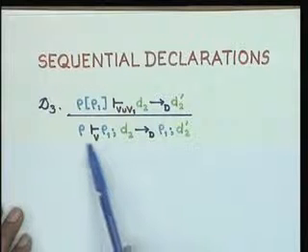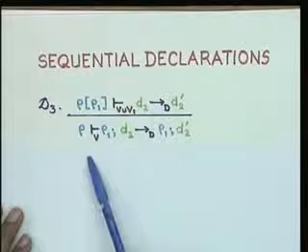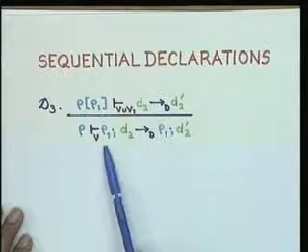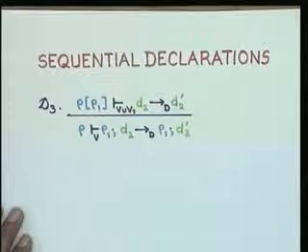So in order to evaluate sequences of declarations, you first have to have provided a new environment.